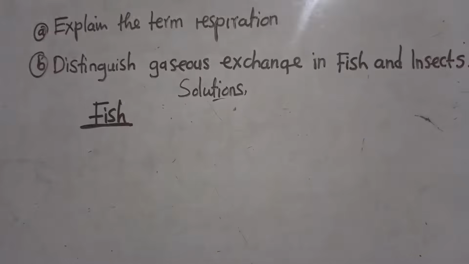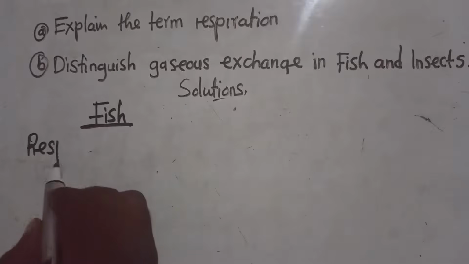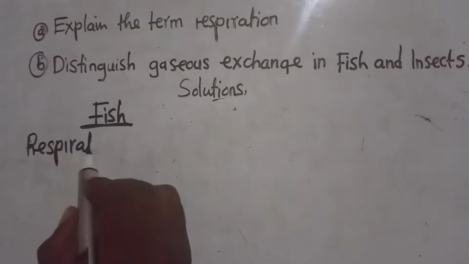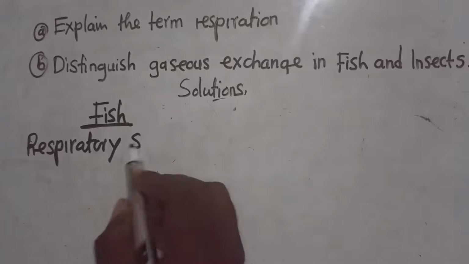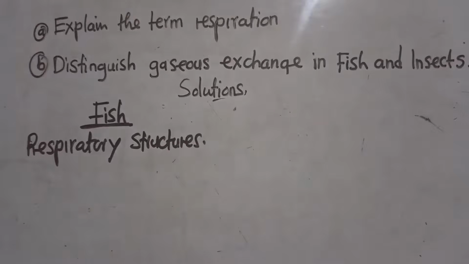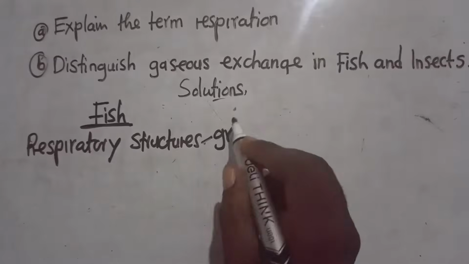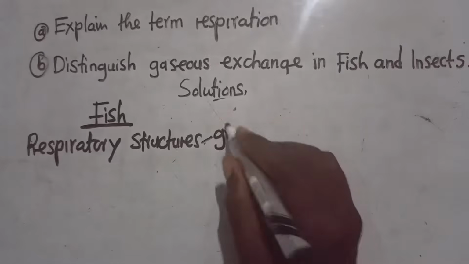No. So when we go to fish, the first thing that you need to get, we are talking about respiratory structures. Let's go to respiratory structures in a fish. You discover that fish use what we call gills.